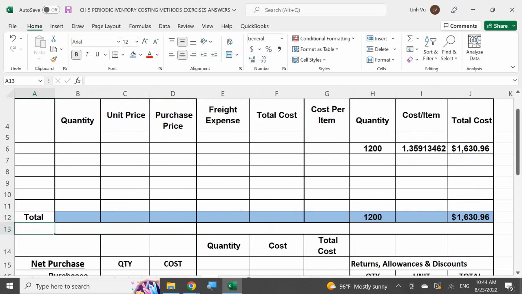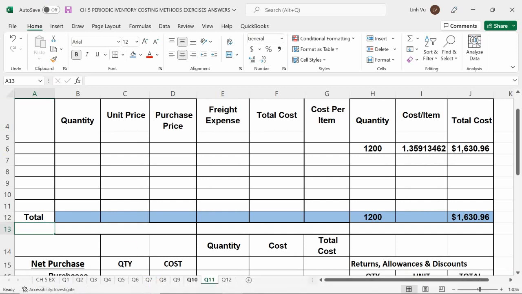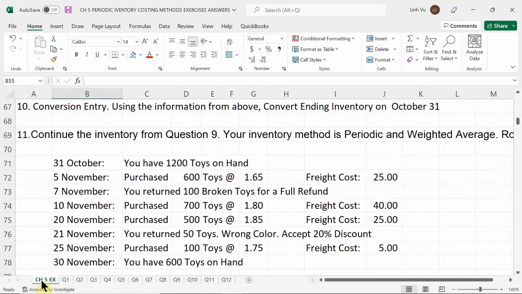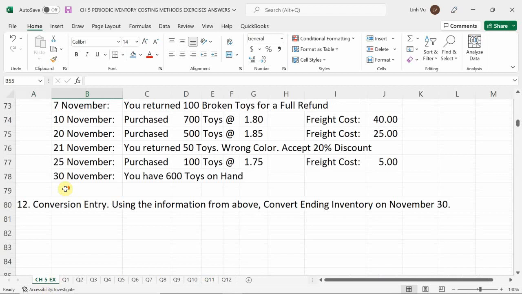Now in this case, I don't really care for my average cost just because this average cost will eventually change, because now I'm going to be purchasing new inventory. So this average cost doesn't even matter anymore to me. All I need to recognize is that I have 1,200 units at a grand total of 1630.96. Okay? So let's see what happened next.